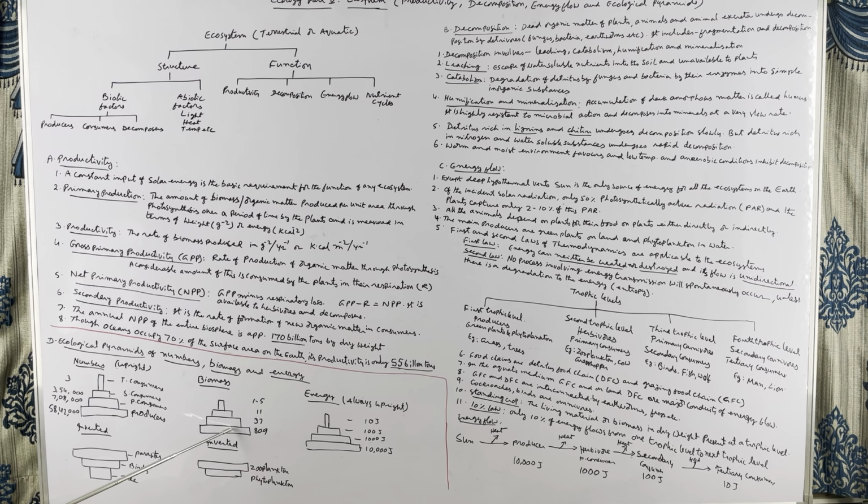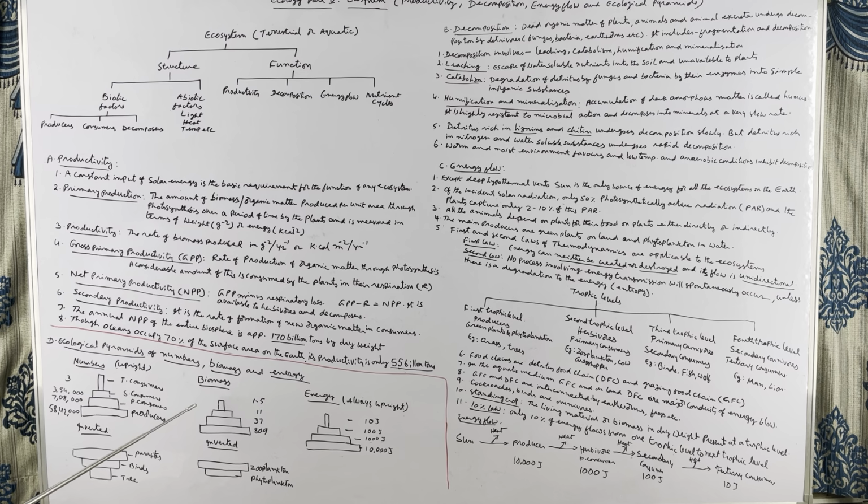In the producers, the amount of biomass is 809 grams or whatever unit you consider, or tons. In the next level, it is only 37. In the subsequent level, only 11. And the last level, tertiary consumers, it is only 1.5. So in this way, the biomass gradually decreases from the producers to the final consumers.